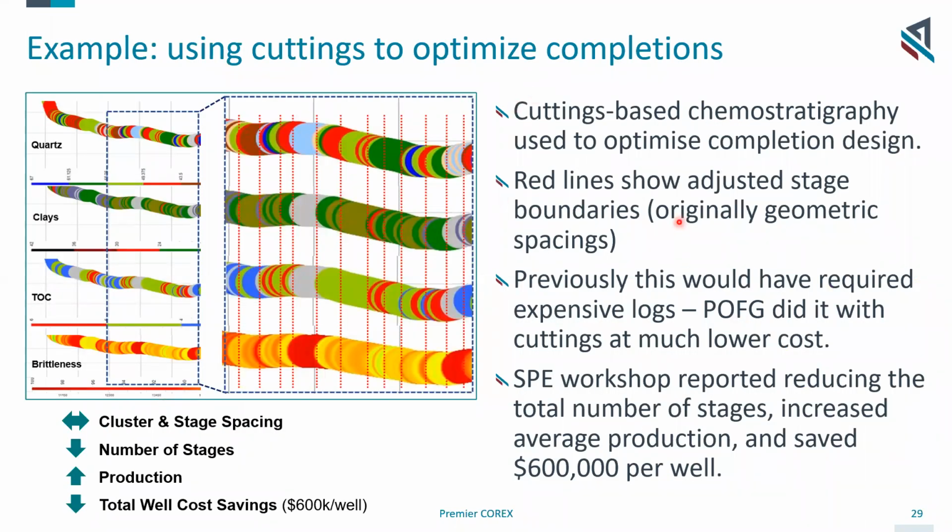Now, looking at some of the usages of the data generated from chemostratigraphy, one of the interesting ones that we have is the utilization of the data to optimize completions.